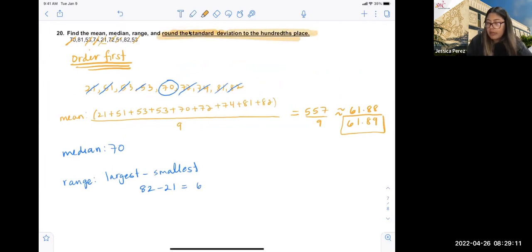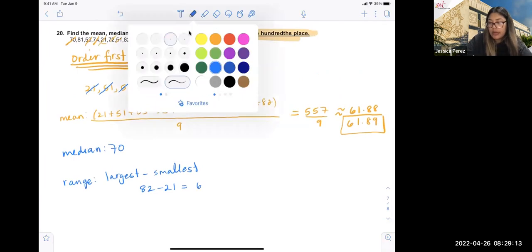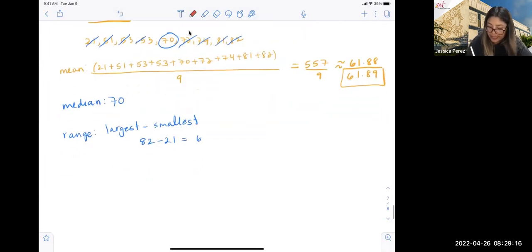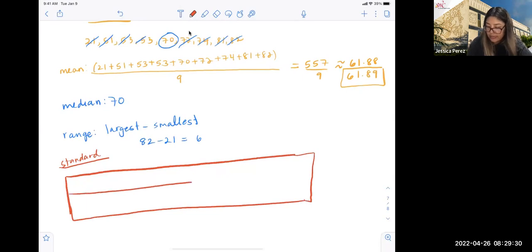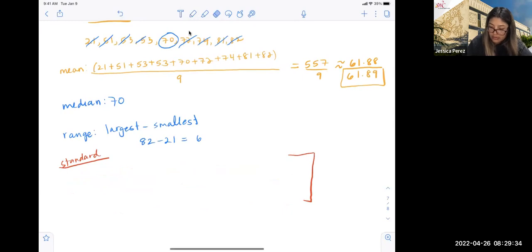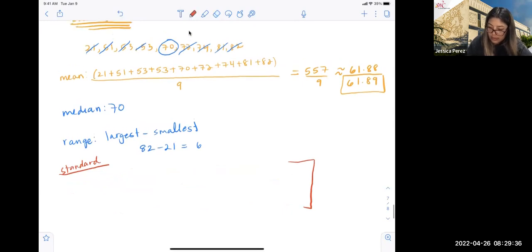So for that one, I'm going to start by rounding. Standard deviation. It's the value minus the mean. So your mean was 61.89. That was the mean.